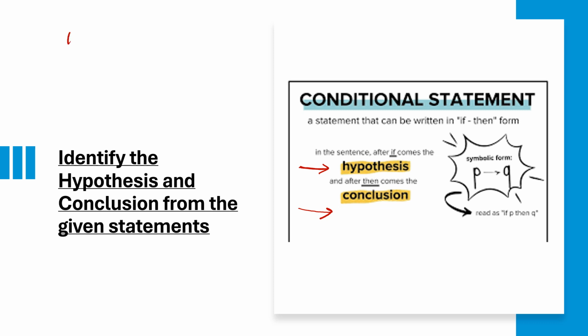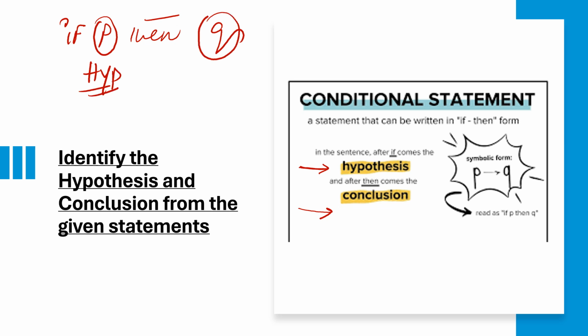So if I write here, if P then Q, what is my hypothesis? P is my hypothesis. For identifying the hypothesis, do not use the words if or then. And what is Q? Q is the statement which is written after the then and it is said to be the conclusion.